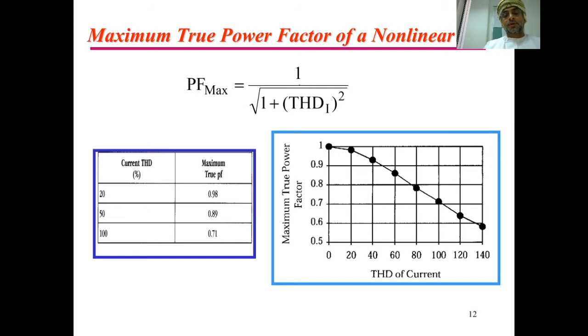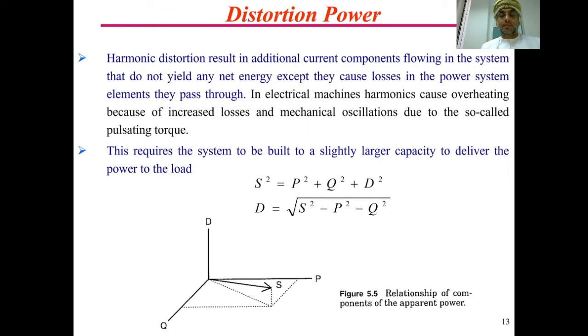Therefore, as the total harmonic distortion goes up, of course, the true power factor will go down. Harmonic distortion results in additional current components flowing in the system that do not yield any net energy, and they will cause losses in the power system.